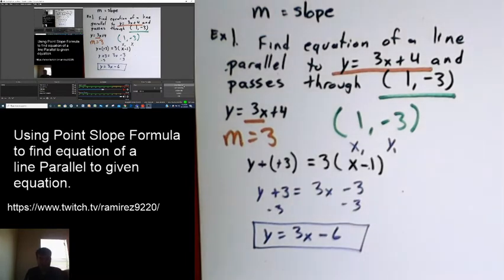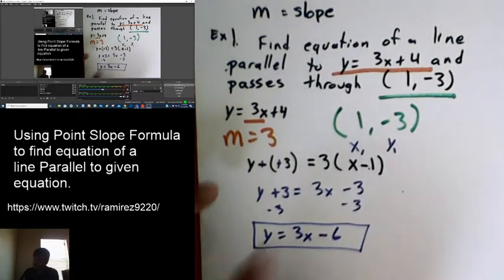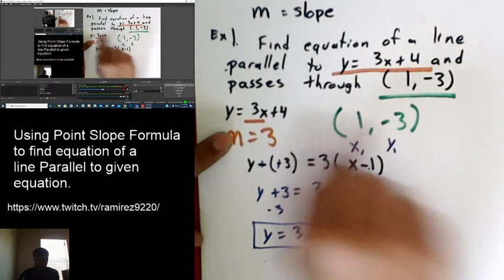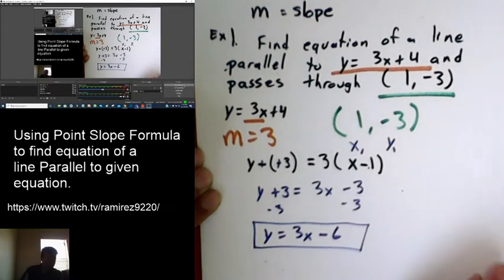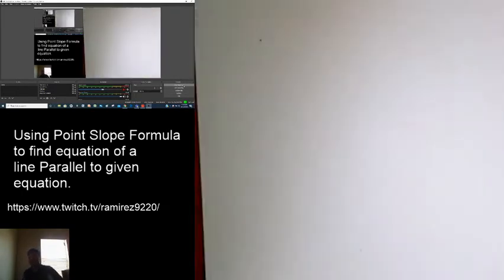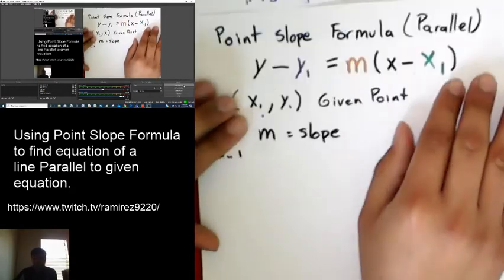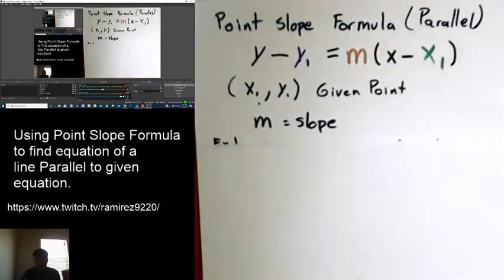Again, the work, it's not much. It's just identify what's given, plug it in, and you're done. Now, what if they give you an equation not in slope-intercept form? What if the equation that is provided is in another form?